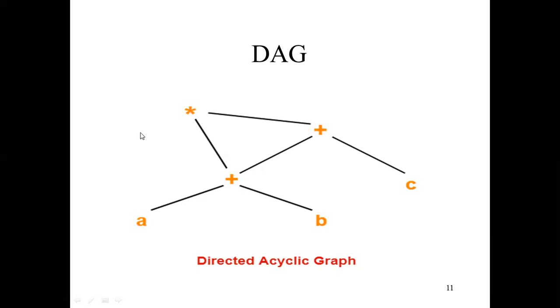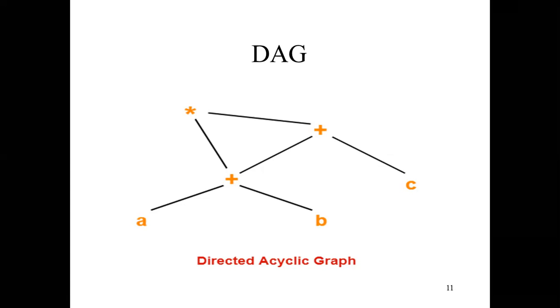So we can say that this is the compact form of expression. Here we are just going to reduce the expression into common sub expression. We are eliminating the common sub expression and removing the repetition of a plus b.